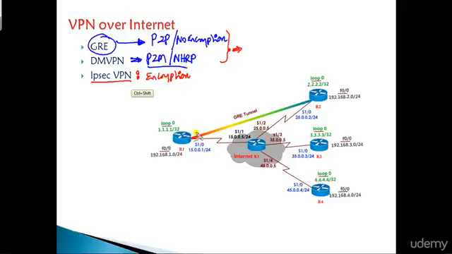Now we can have our own dedicated WAN connections over the internet. The basic prerequisite for this is to have registered public IPs on both sites.